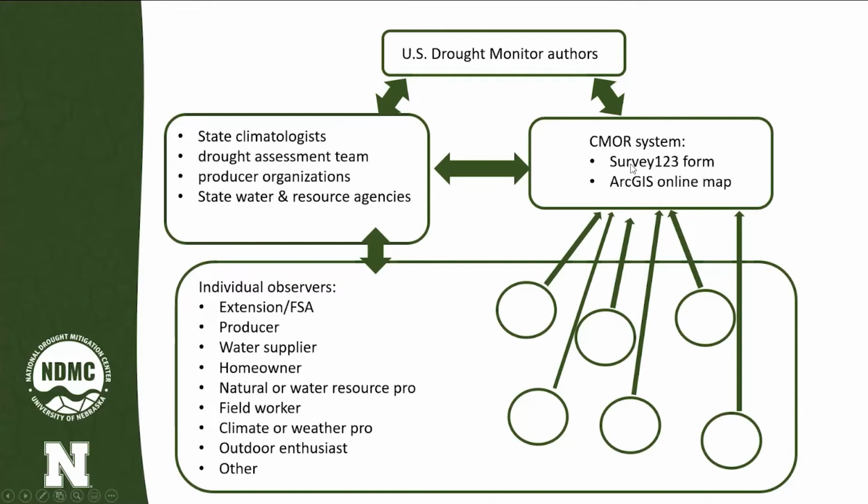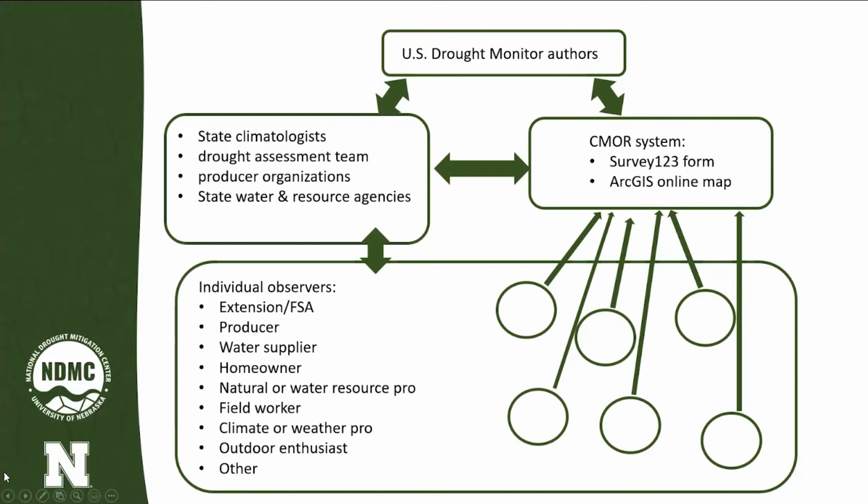So it's very efficient. You can gather information from a lot of people in a short time. And then that is used by state climatologists, state assessment teams, in some cases in making recommendations to Drought Monitor authors. Sometimes Drought Monitor authors access that directly, or our team at the Drought Center has a summary every Monday that goes out of what's come through on CMOR, at least we did during the growing season.